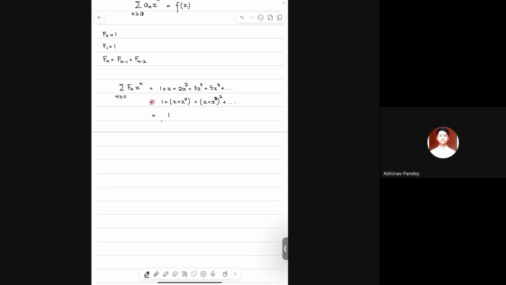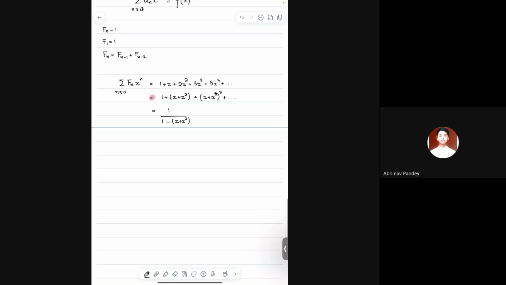And then you get 1 over 1 minus x plus x squared. This is just like an infinite sum, more like your geometric progression calculations in some sense. And then this is basically what was written down in the chat. This is precisely 1 over 1 minus x minus x squared.